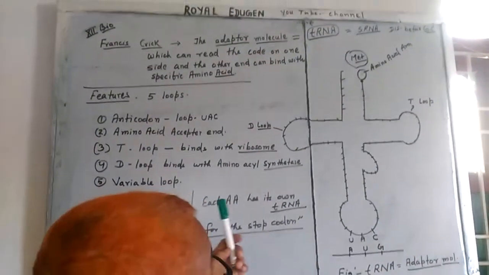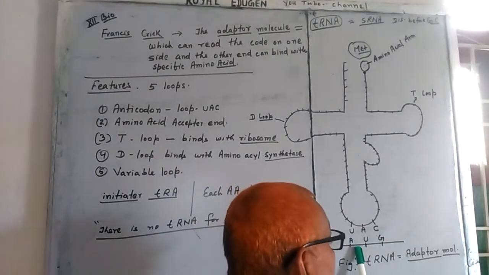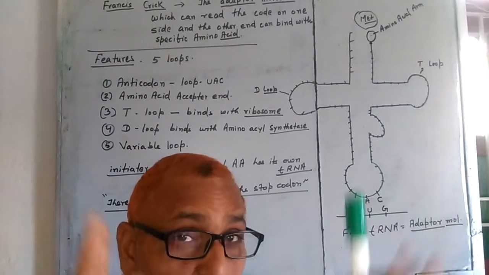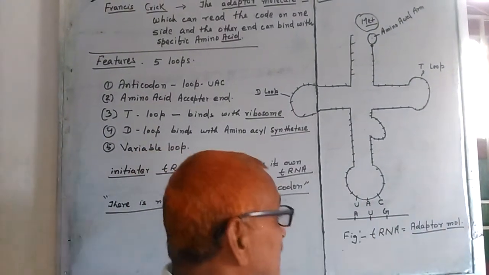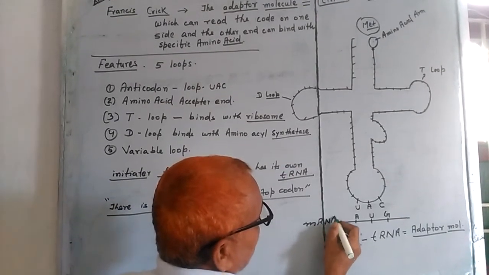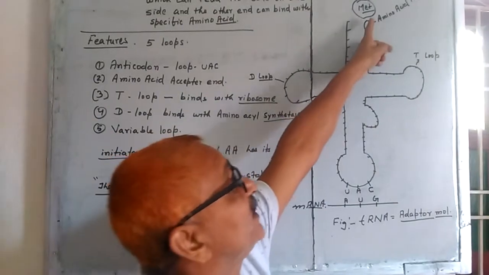It is important because on one hand it recognizes the sequence of bases, the codon, the triplet in messenger RNA, and on the other hand it binds with the amino acid.